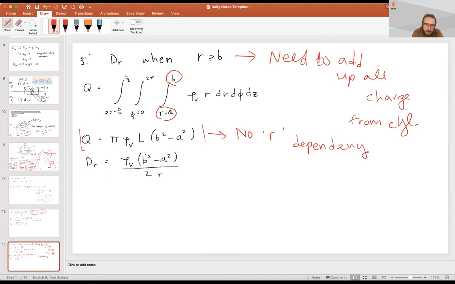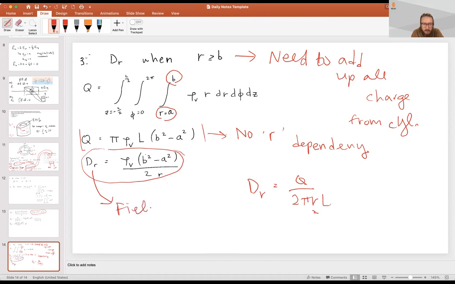But when we take the Q and substitute it, because D is equal to Q over 2 pi RL, our D has this R dependency, and that's why our field magnitude is still going to have some R dependency.